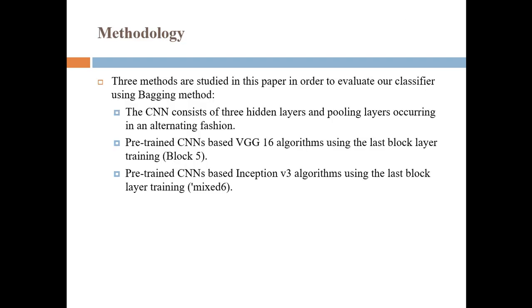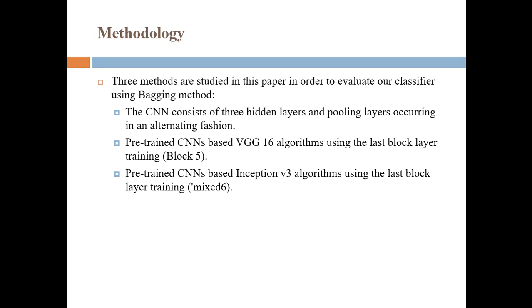Methodology: three methods are studied in this paper in order to evaluate our classifier using the bagging method. The first architecture is a CNN consisting of three hidden layers and pooling layers.